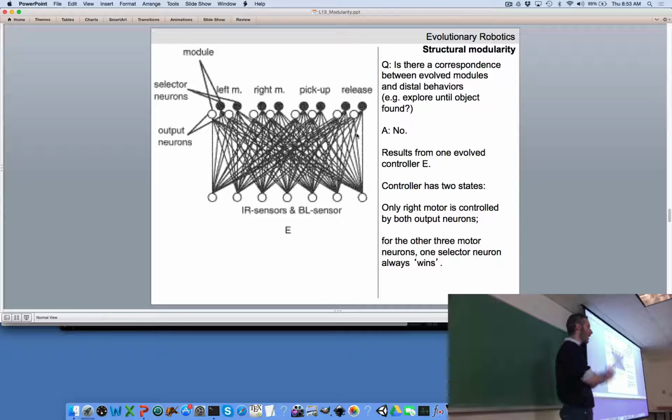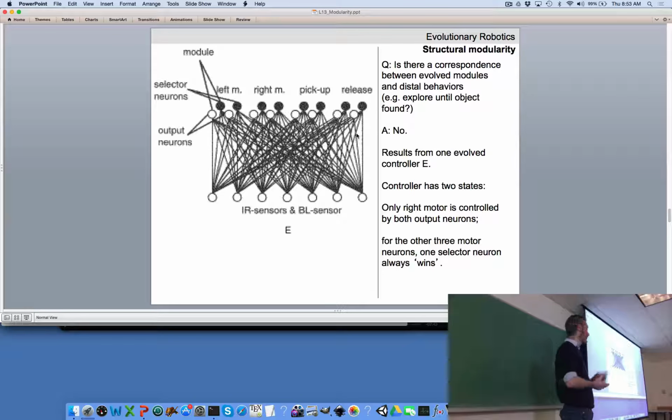Okay, so there's 2 modules here. Which 2 subfunctions did those 2 modules correspond to? As humans, we might think, well, there's 2 kind of obvious subfunctions here, right? What does the robot do when its gripper is empty? What does the robot do when its gripper is full?